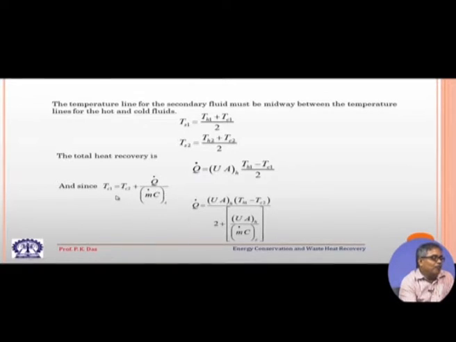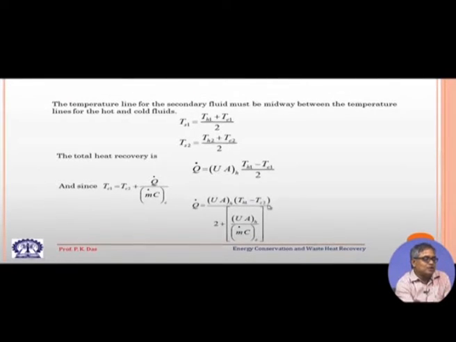And for the cold fluid stream, we can write down this energy balance equation. So, now TC1 should be replaced by this particular formula, bringing in TC2, which is known. With some algebraic manipulation you can prove that Q dot is equal to this quantity, where UAH is the product of overall heat transfer coefficient and heat transfer area for the hot end heat exchanger, which is known.